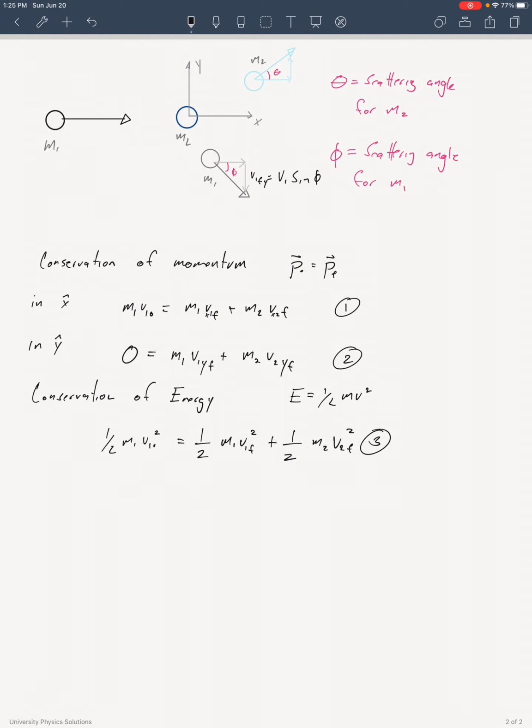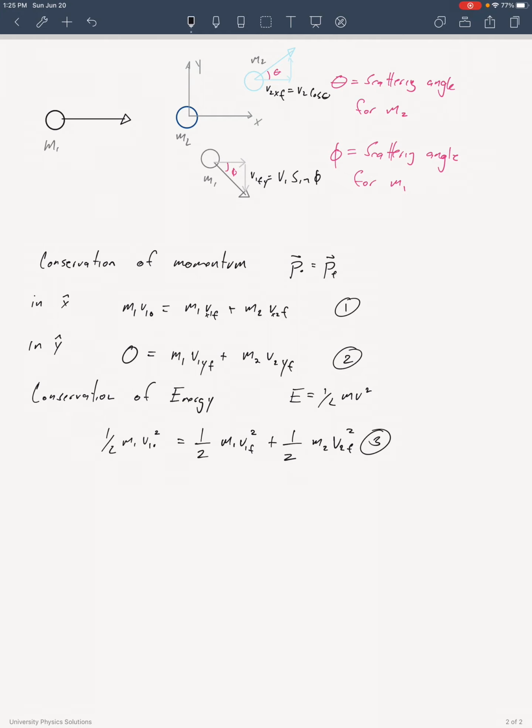For instance, for v2 x final, that's going to be v2 cosine of theta, and so on. So I can rewrite my momentum equations with those terms.